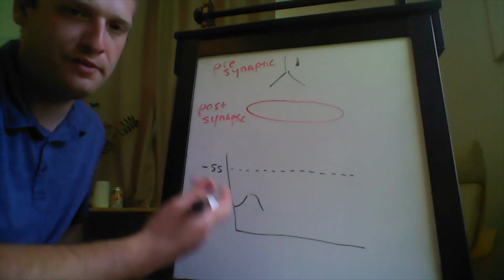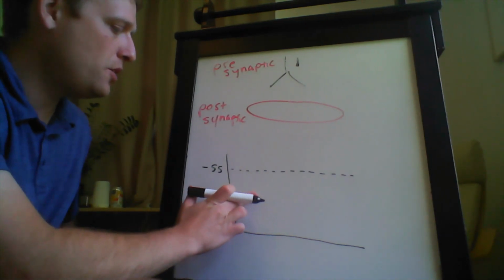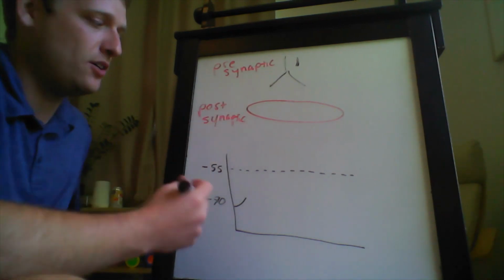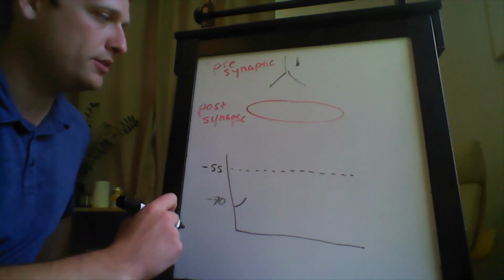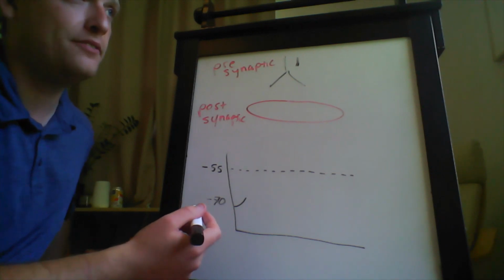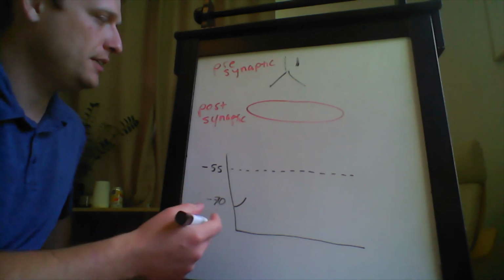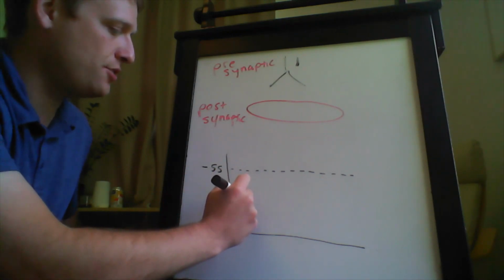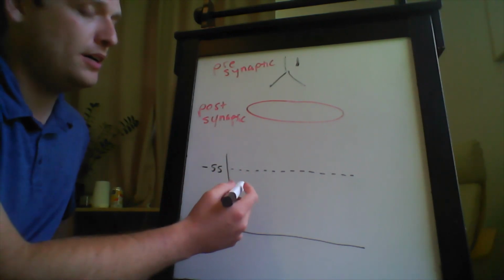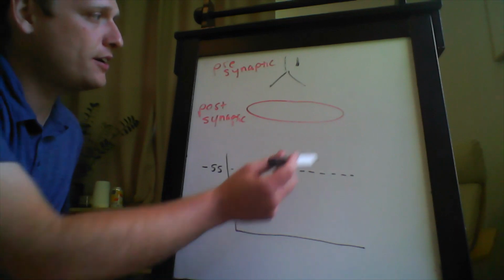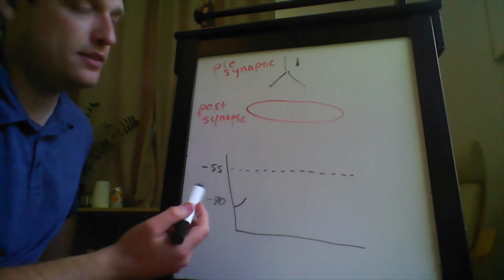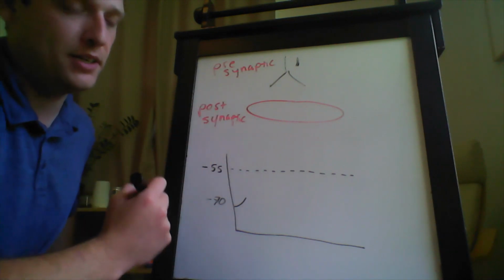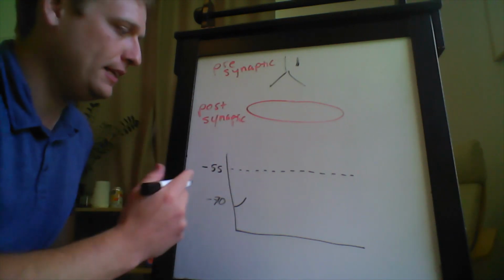That stimulus will fade. So in order to stimulate this cell completely, to get it up to the threshold, you may need to have numerous stimuli in order to reach this threshold. So what that means is you're either going to have multiple neurons stimulating at the same time, or this one presynaptic neuron is going to have to fire repeatedly.